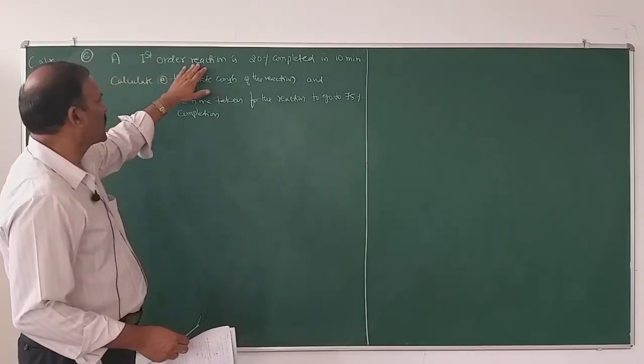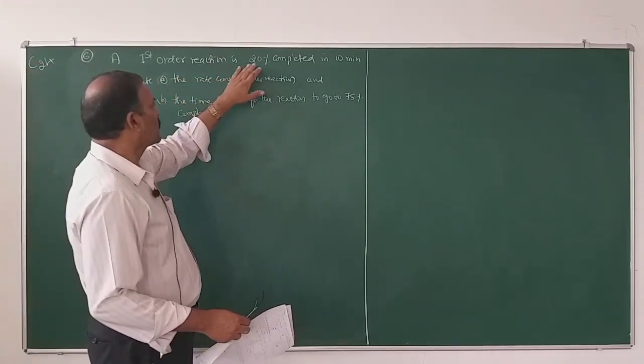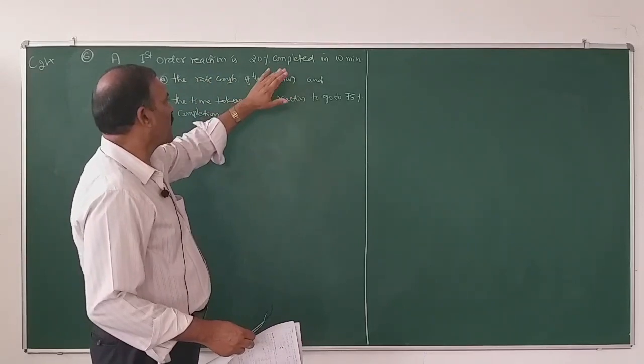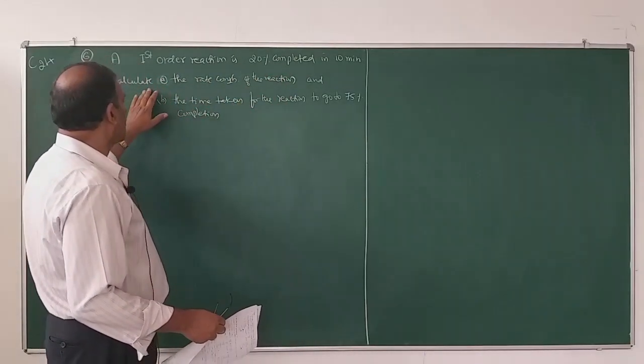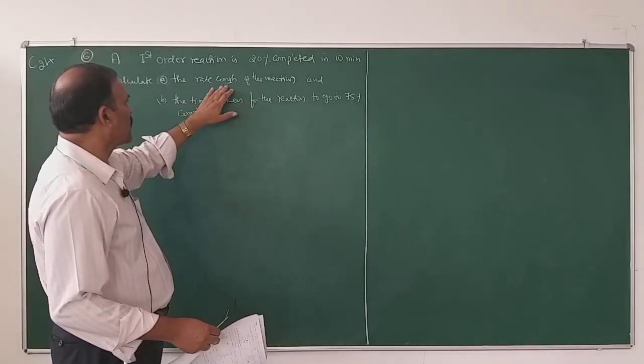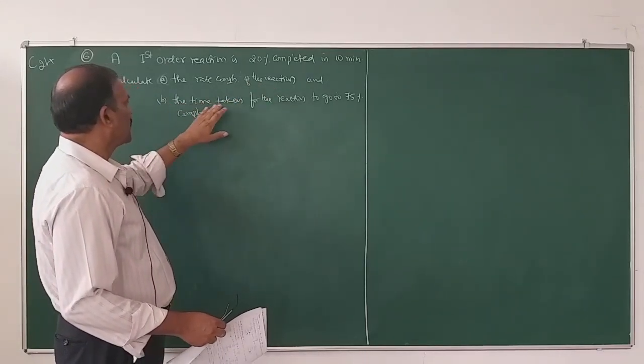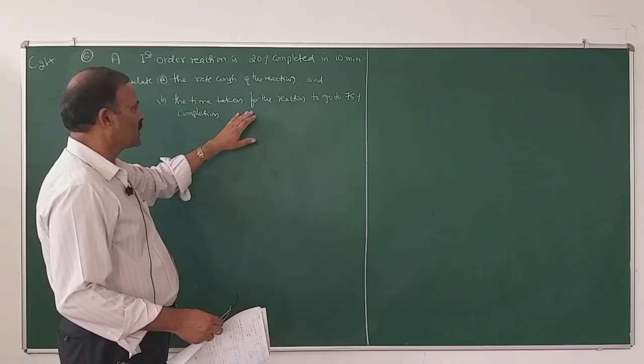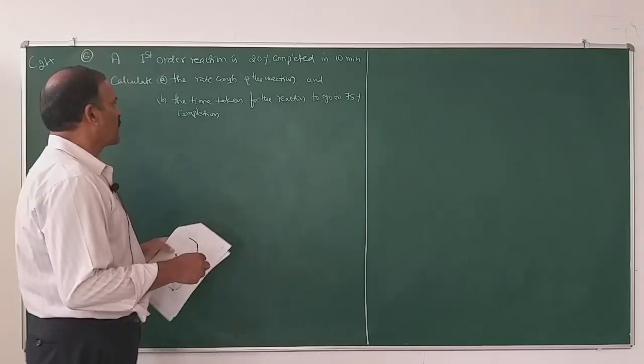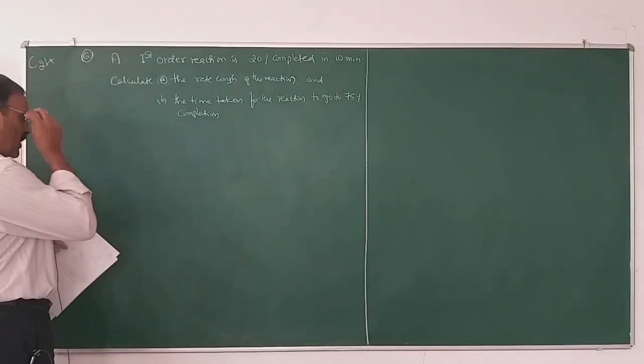A first order reaction is 20% completed in 10 minutes. Calculate the rate constant of the reaction and the time taken for the reaction to go to 75% completion.